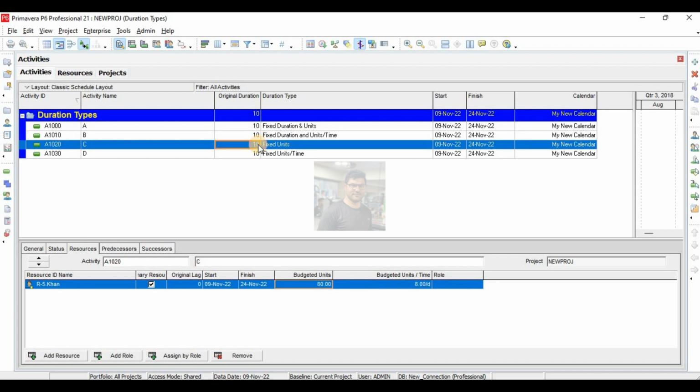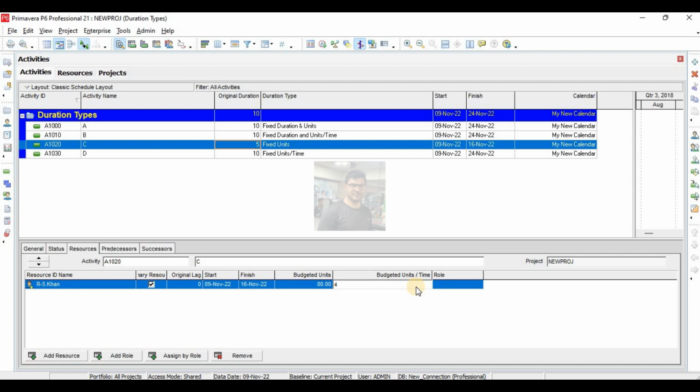And in fixed units, these units are fixed. If I change duration, units per time will change, but these units will not change. And if I change units per time, then duration will change, but units will be fixed.